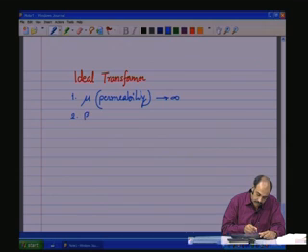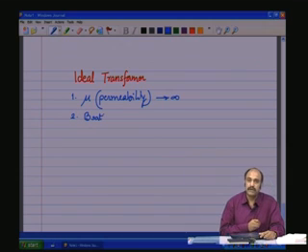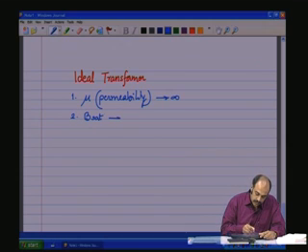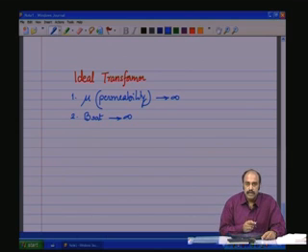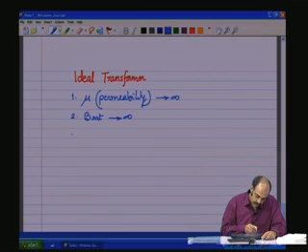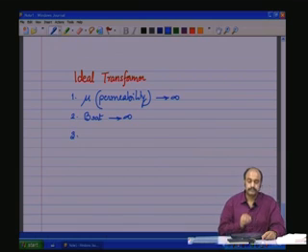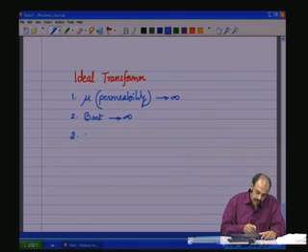Second, B sat, the saturation flux density tends to infinity, meaning the core never saturates, whatever may be the current that you apply or whatever may be the motive force. Then third, there is no hysteresis loop.